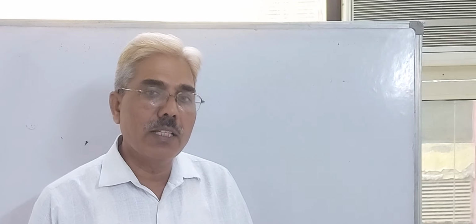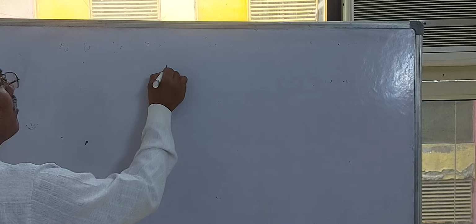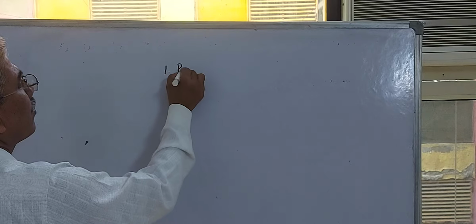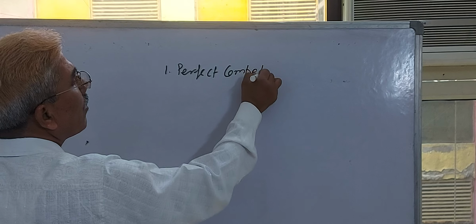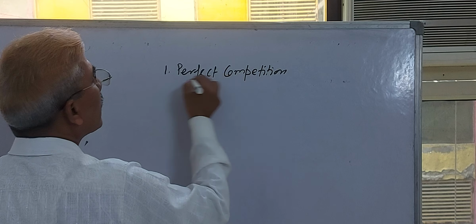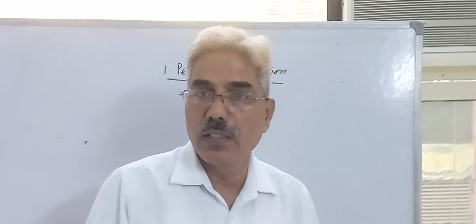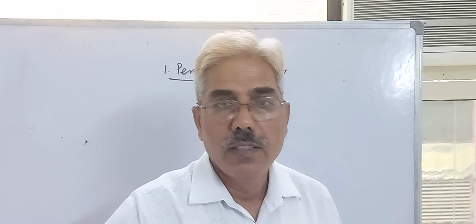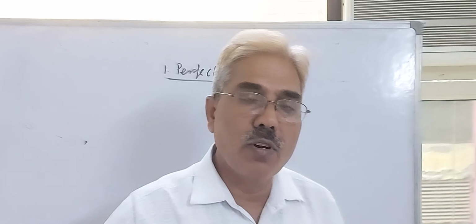Today I will discuss something about the market. And the first market is the competitive market, or perfect competition. At least one question on this comes in your 12th standard, and general study students also have to know about the competitive market.